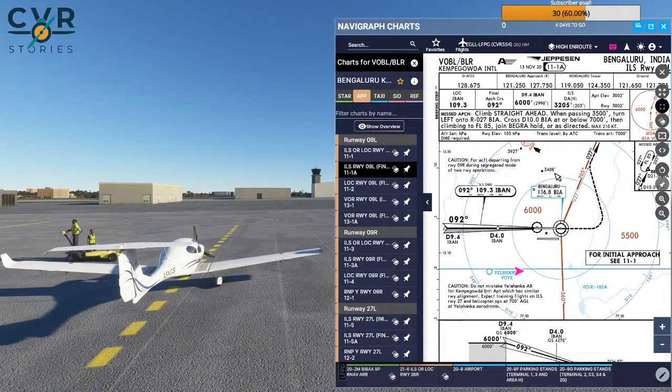If you remember our runway charts, the airport diagram, it was showing runway 09 left is at an airport elevation of 3,002 feet. So if you take the 3,002 away from 6,000, you are left with 2998, and that is how you get your height above the ground. So the brackets show you your height, and the bold numbers show you your altitude.